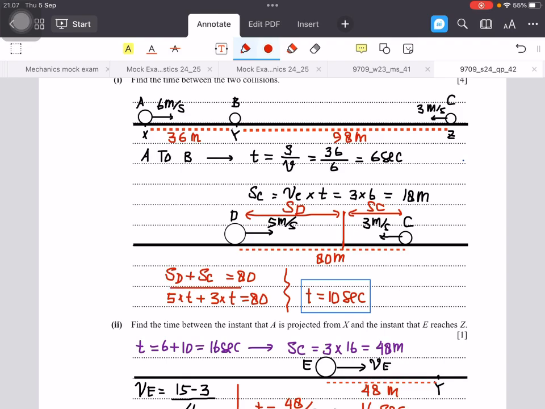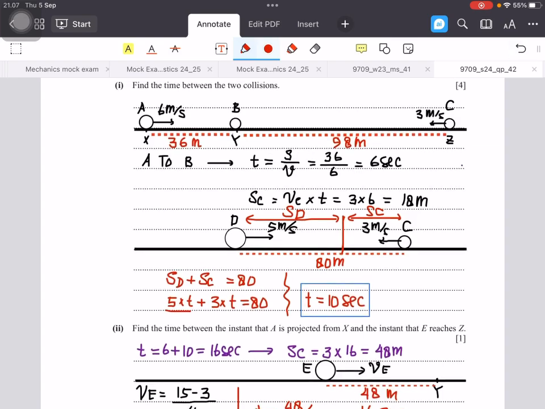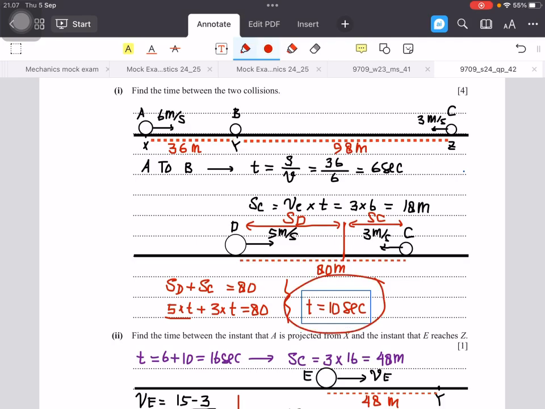So we write SD plus SC is equal to 80. SD is 5 times T, and SC is, the speed of C is 3, so 3 times T, equal to 80. So 8T is equal to 80, so the time is equal to 10 seconds. So this is also the answer for the time between the two collisions.